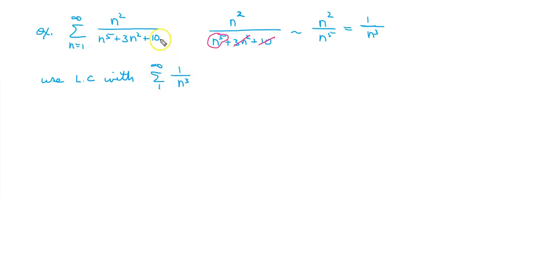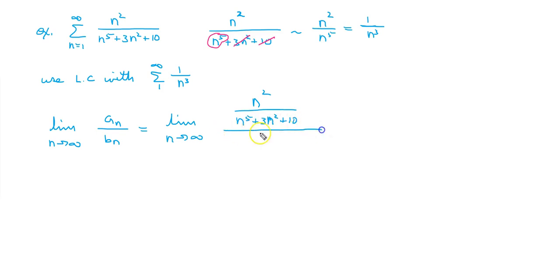Alright. So it doesn't really matter which one I choose for my a_n and which one I choose for the b_n in this case. So we're just going to let this one be the a_n and this one be the b_n. So if we look at the limit now as n goes to infinity of a_n over b_n, now we're just going to flip this fraction up.